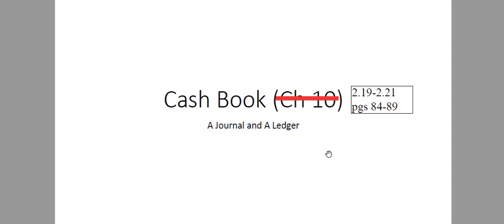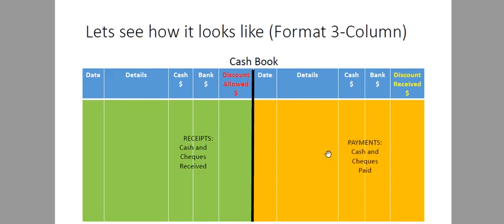So let's move on. Now this is how your cash book looks. If you can just stay here and let it sink in for a while. It says 3-column cash book. For now, you don't have to bother too much about 3-column or 2-column. This is the cash book you'll be mostly looking at.